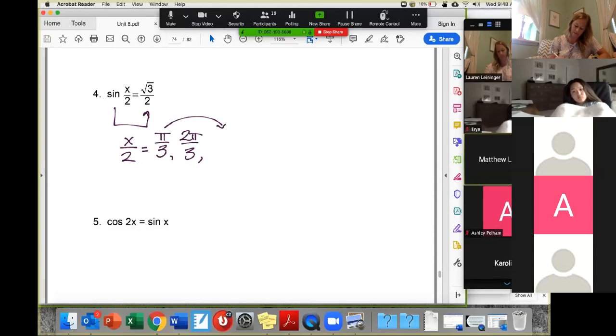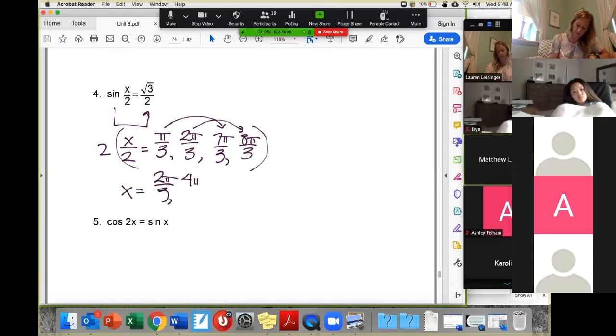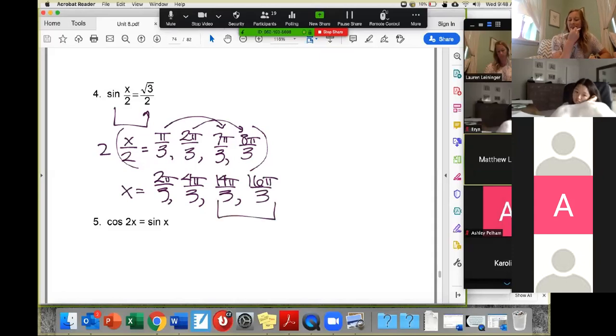In terms of thirds, that's 6 pi over 3, so that's 7 pi over 3 and 8 pi over 3. Now, if we multiply all of our answers by 2 to get our answers for x, that's going to give me 2 pi over 3, 4 pi over 3, 14 pi over 3, and 16 pi over 3. What's the issue with those two that we added in?